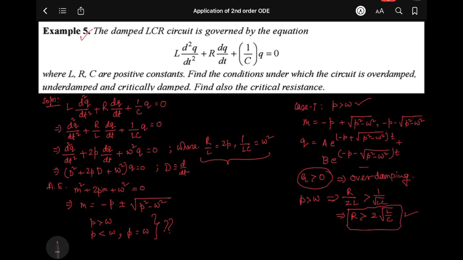Find the conditions under which the circuit is over damped. This is one part done.